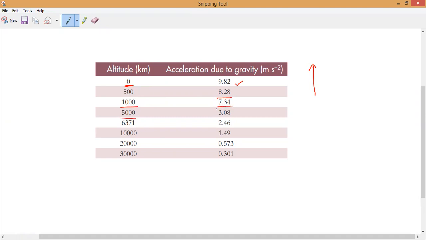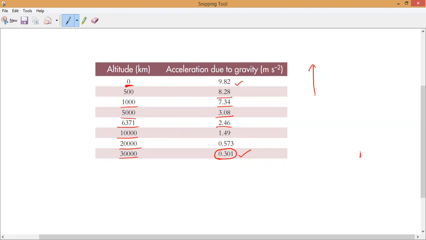If you go 5,000 kilometers, 3.08. If you go 6,371, 2.46. If you go 10,000, 20,000, 30,000 kilometers away from the Earth, then how much is the G value? See how small it is. Extremely small. Have you noticed it? That is what you have to remember.